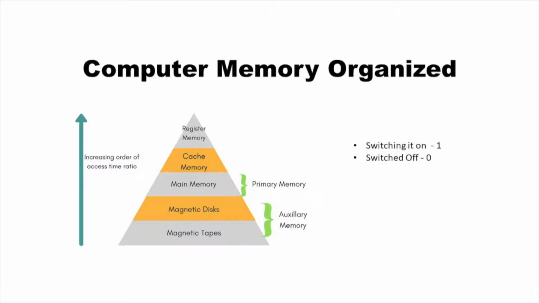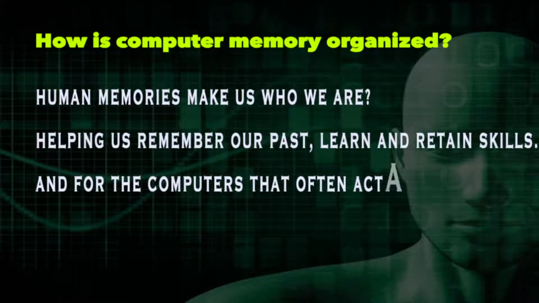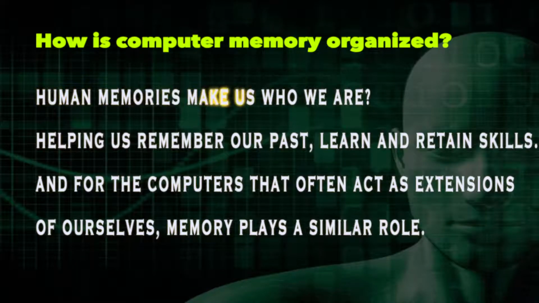Now let us look at how a computer memory is organized. In many ways, human memories make us who we are, helping us remember our past, learn and retain skills. And for computers that often act as an extension of ourselves, memory plays a similar role.